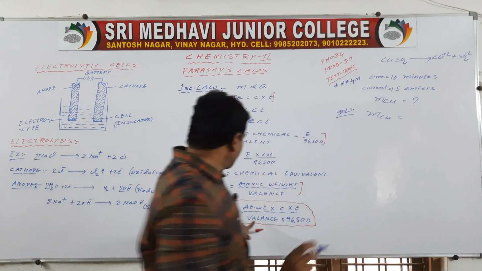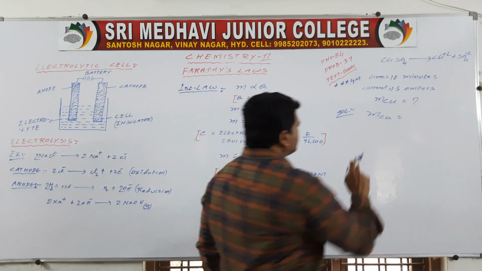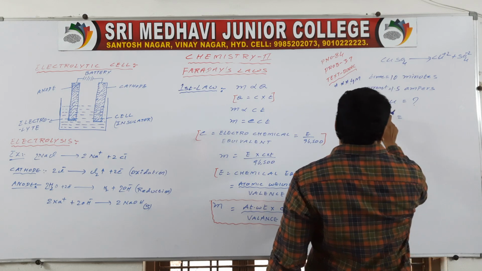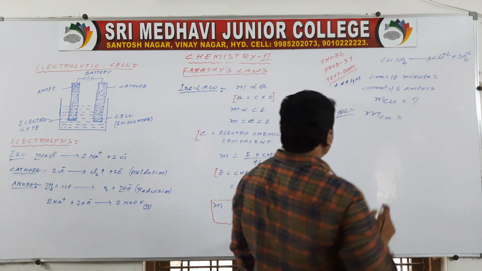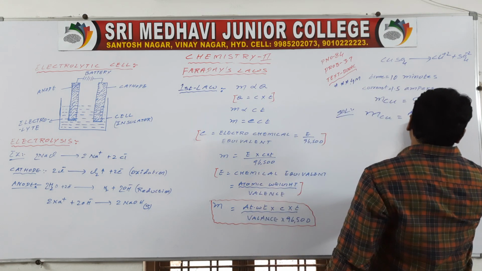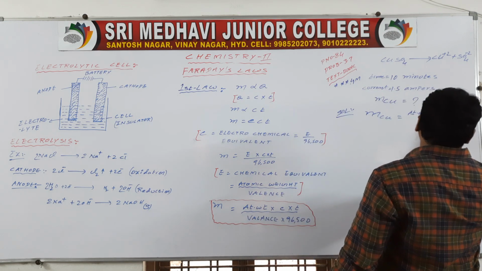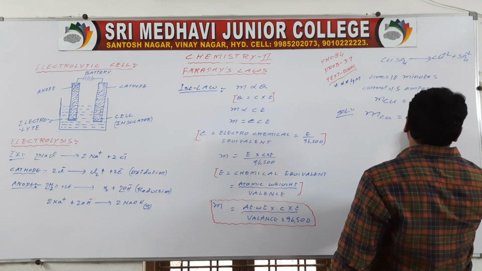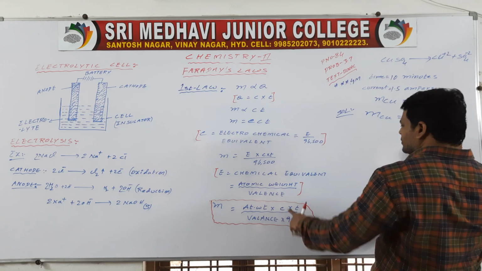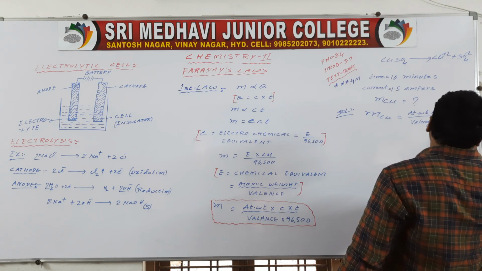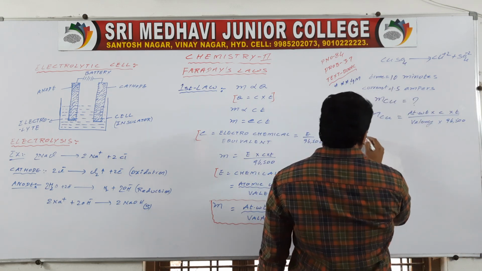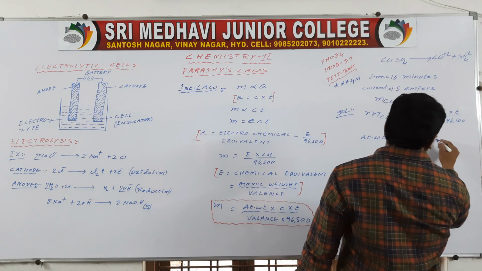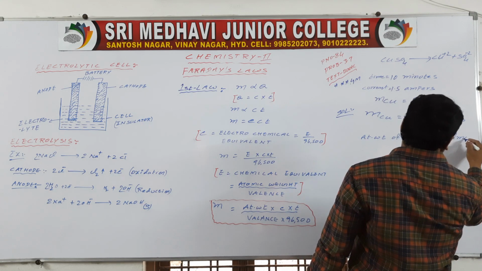Then we have a formula to solve. The mass of copper is equal to atomic weight into C into T by valency into 96,500. The atomic weight of copper is 63.5 grams per mole.